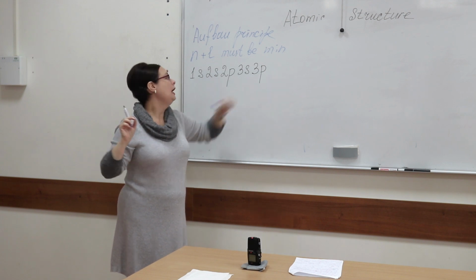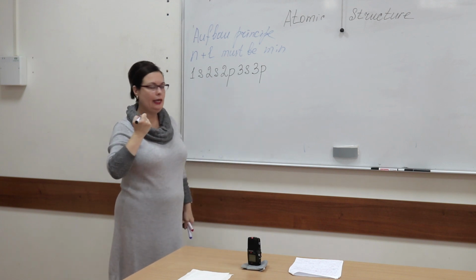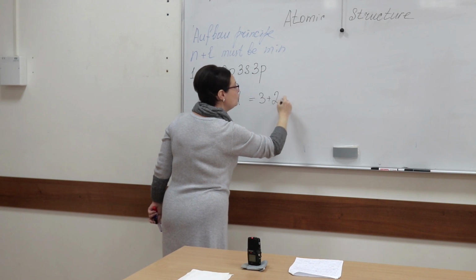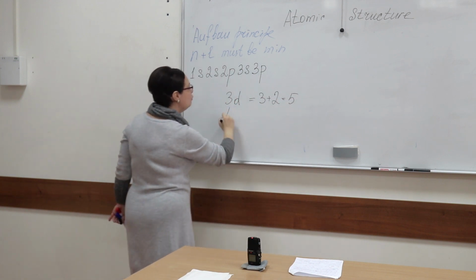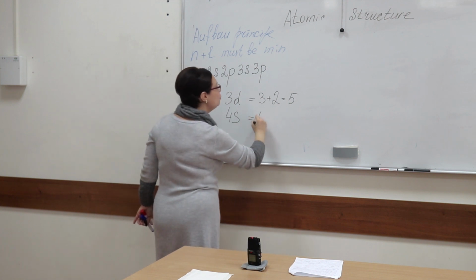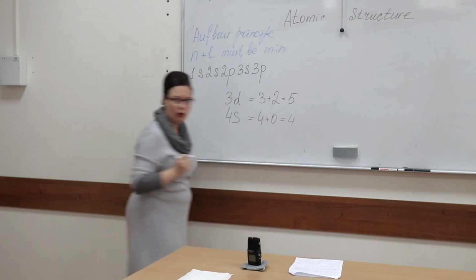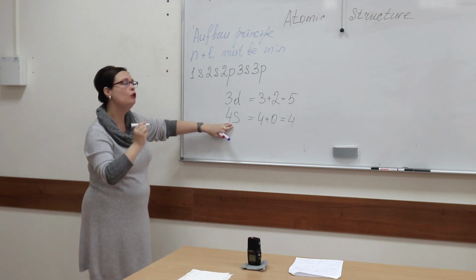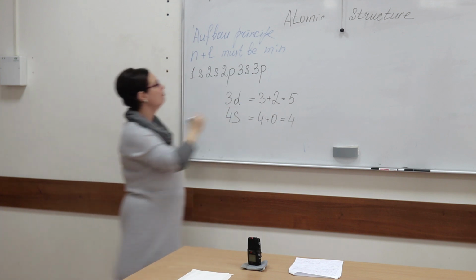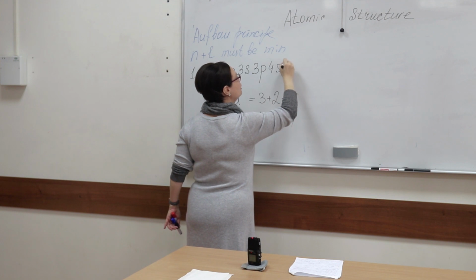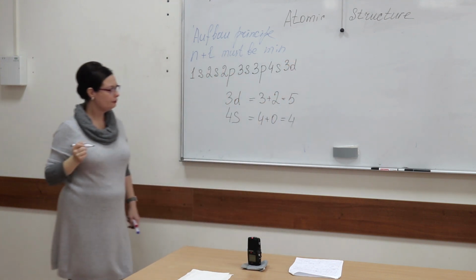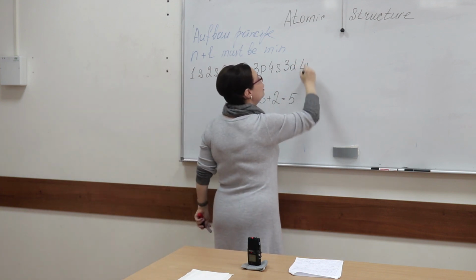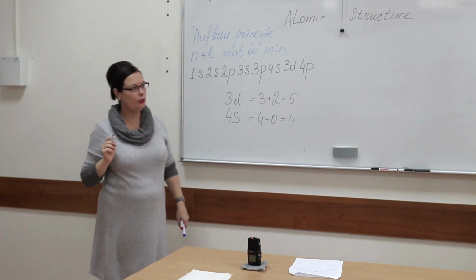The next, 3d can be, but 3d is equal to 3 plus 2 equal to 5. At the same time, 4s sublevel is equal to 4 plus 0 and equal to 4. We can see that 4s must go on before 3d. 4s, 3d. After 3d, 4p sublevel will be filled.